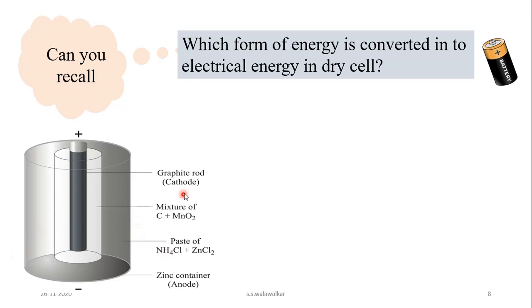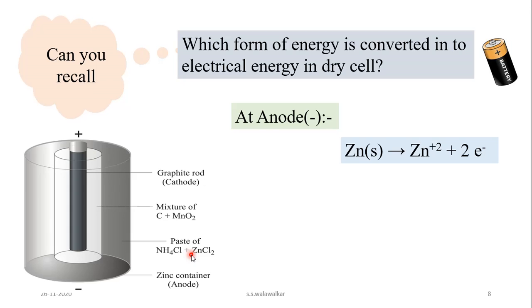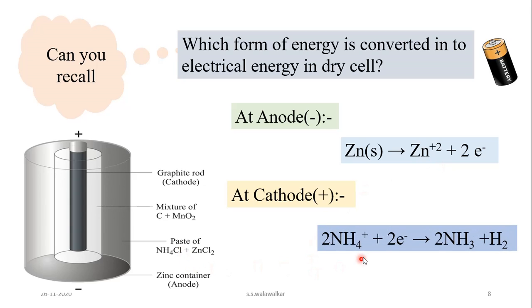Due to the chemicals present in this cell, chemical reactions take place, and these chemical reactions are redox reactions. The zinc container loses 2 electrons and forms zinc ions, and at the cathode the NH4 ions accept 2 electrons, and ammonia and hydrogen are formed. So in this dry cell, oxidation and reduction take place.